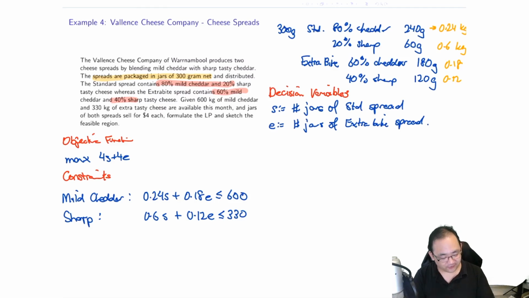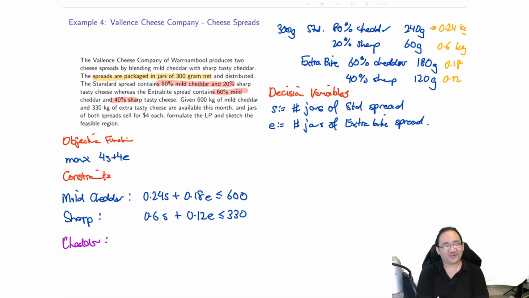So I want to try and be able to explain this one. So for the cheddar, I'm trying to think about how to phrase this.